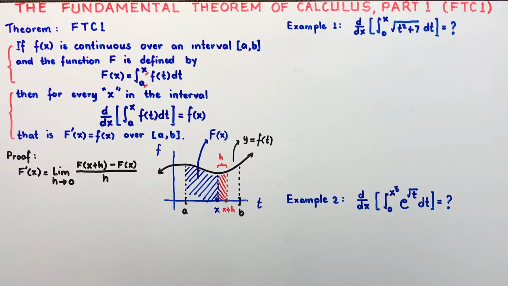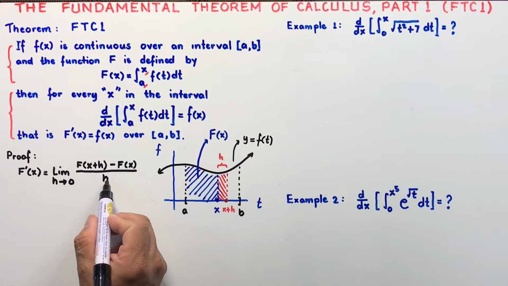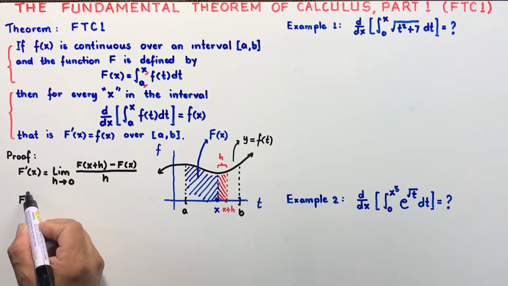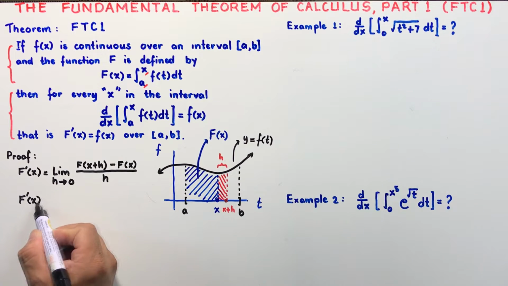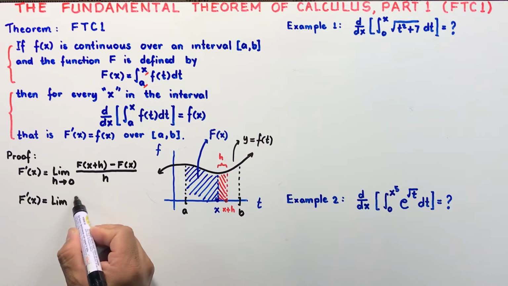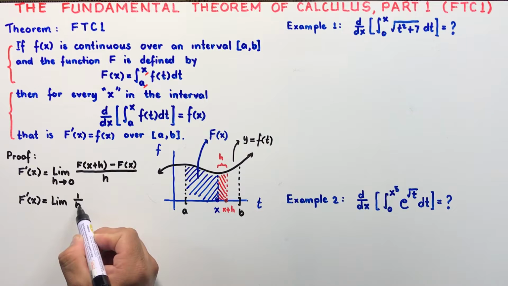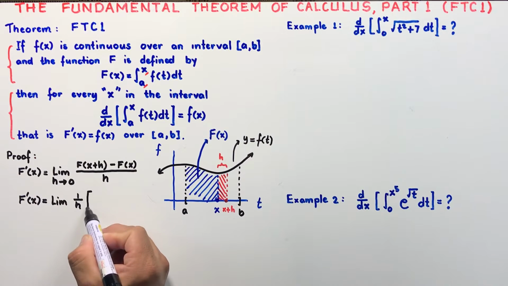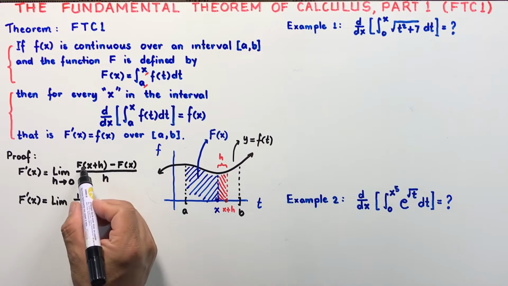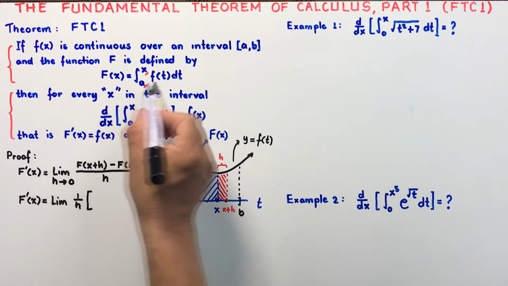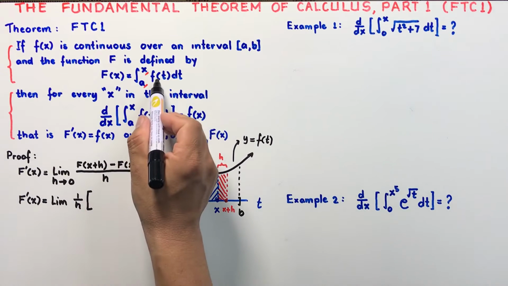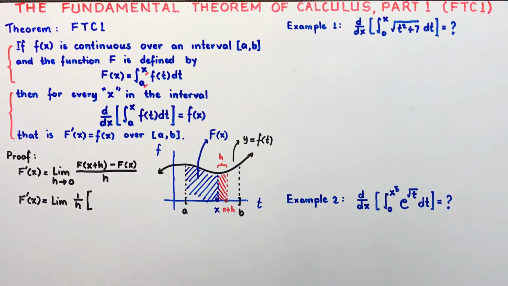However, we can factor out this h here in this fraction. So we have the derivative of the big F of x is equal to the limit of 1 over h times this difference here. And we know that our big F in the definition of this theorem is defined to be the integral of our small f function.